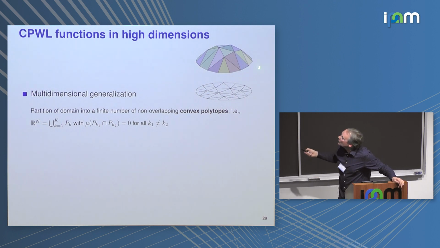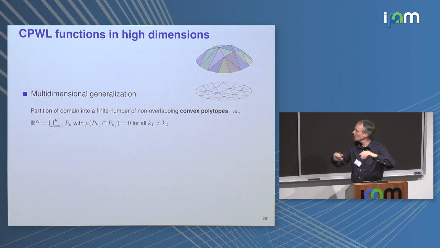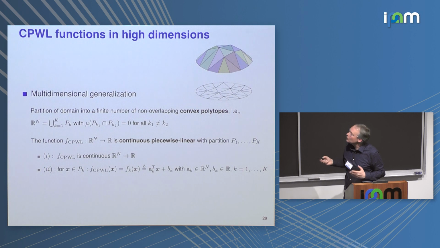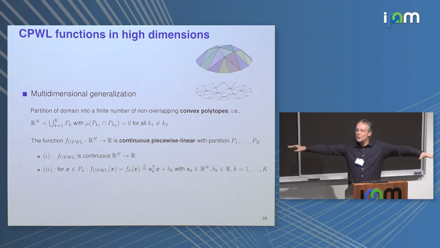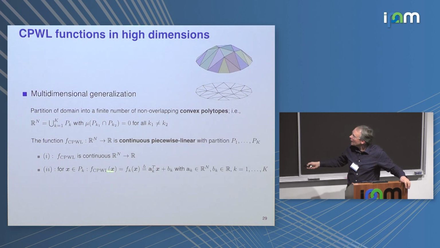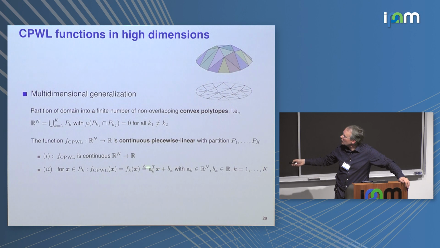We can take the domain and have polytopes, triangles if we're in 2 dimensions, and define a partition. When do we say that we're continuous piecewise linear? We need the function to be globally continuous, and every piece to be linear. That's the equation of an affine transformation, because we also have this bias here.